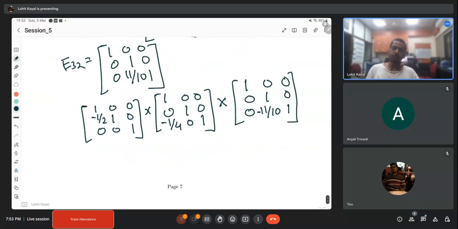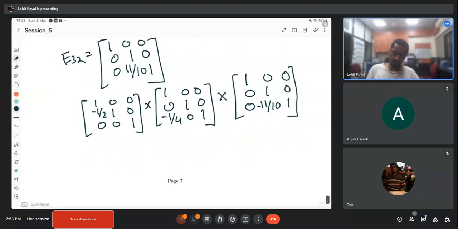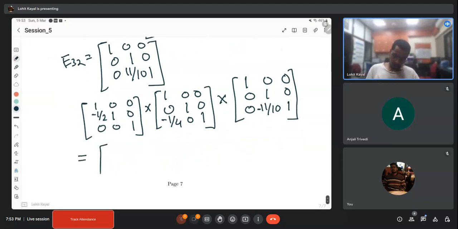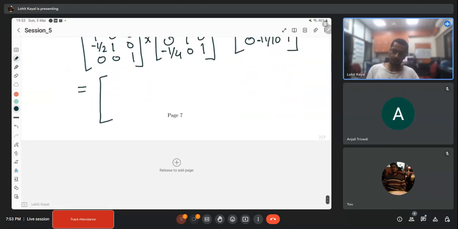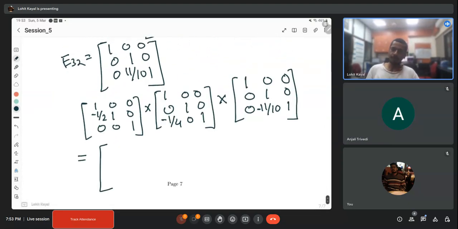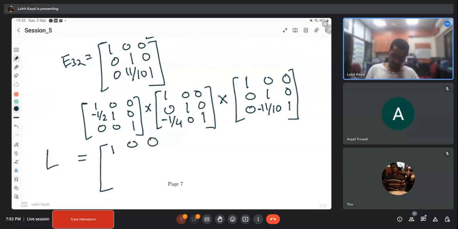Now here is a small trick. Let me write the final result, then you will be able to see the trick. The first row in all these three matrices is 1 0 0. This is L, and here it comes minus half. The second element is the same for all, 1.